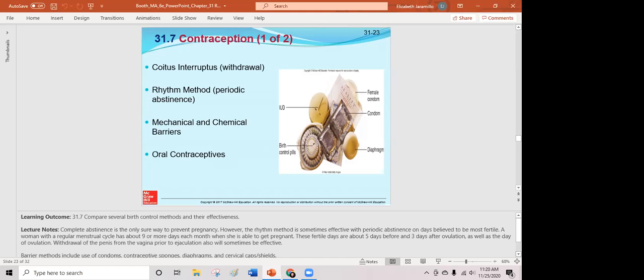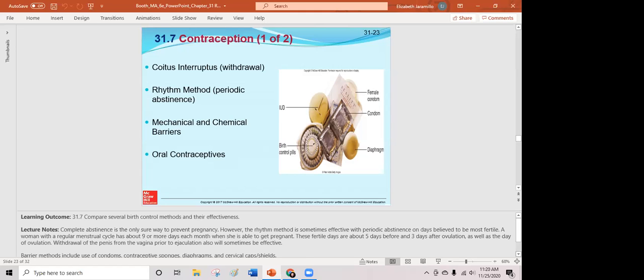And with a regular menstrual cycle, she knows she has 9 or more days each month when she is actually able to get pregnant. These fertile days are about 5 days before and about 3 days after ovulation. Not her period necessarily, but after ovulation, okay? As well as the day of ovulation.